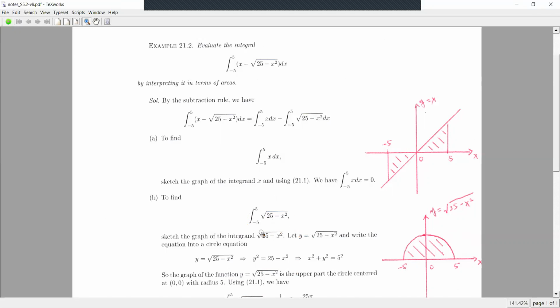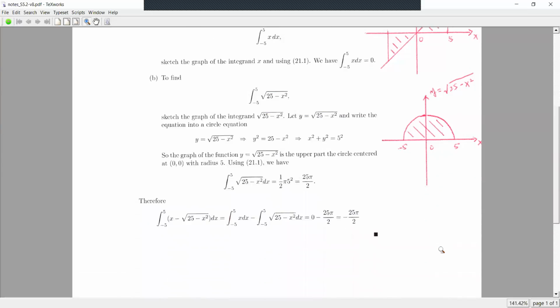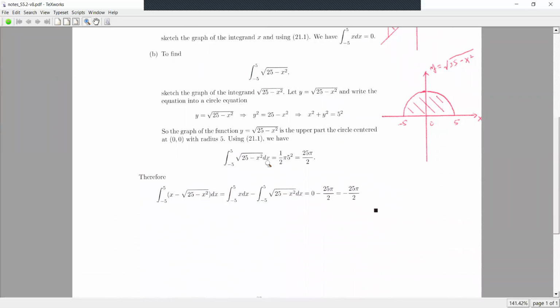Then this integral is the area of the region between the graph of the function and the x-axis and between -5 and 5. The region is this shaded region in this diagram. Now, what is the area of the shaded region? It is 1/2 of a full circle. So therefore, this integral is 1/2 of the full circle.